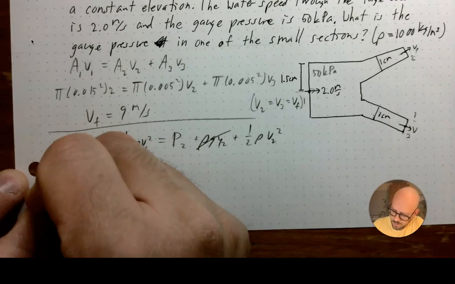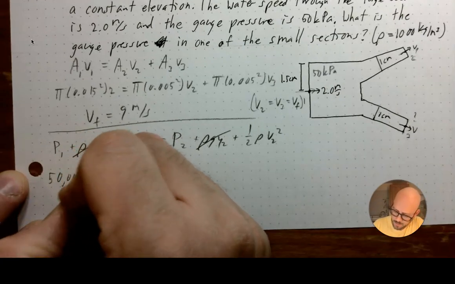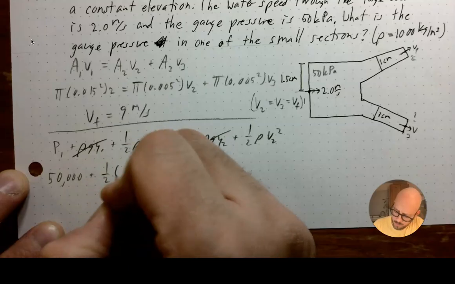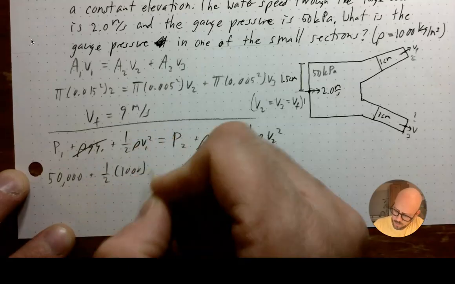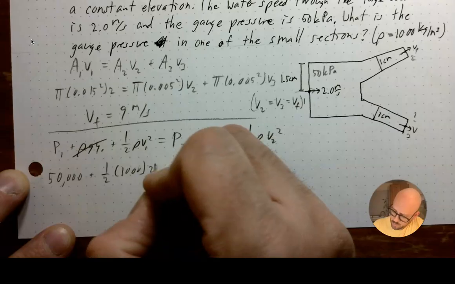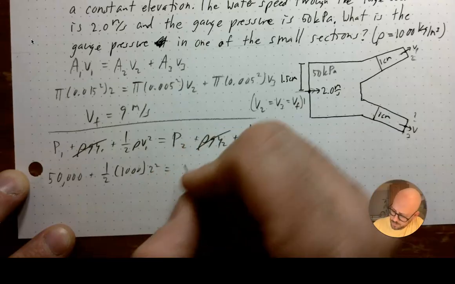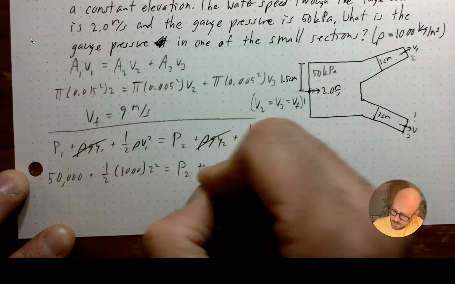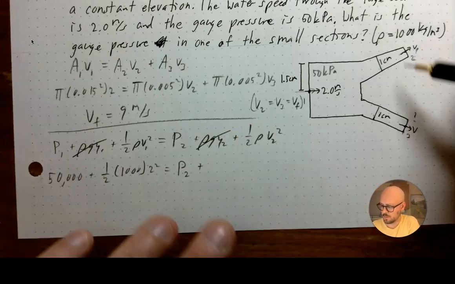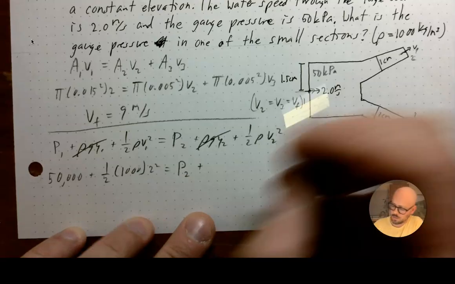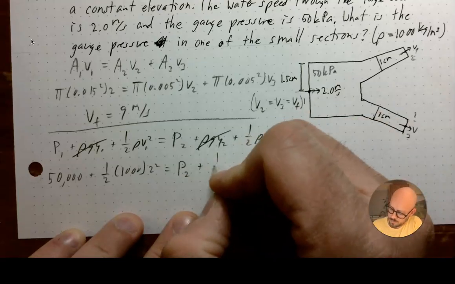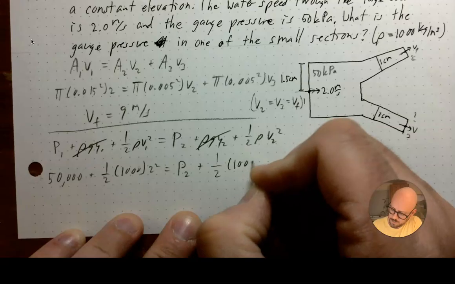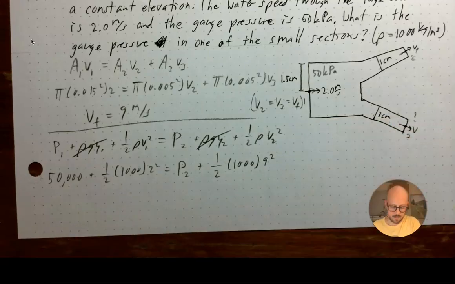So 50 kPa, that's 50,000 pascals, plus 1/2 times the density of water times 2 squared. That is equal to the gauge pressure, and the pressure is going to be the same no matter what because they're in the same conditions. And it's going to be plus 1/2 times 1,000 times 9 squared.